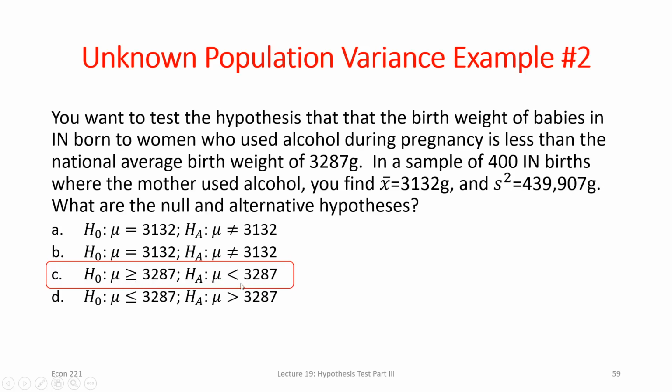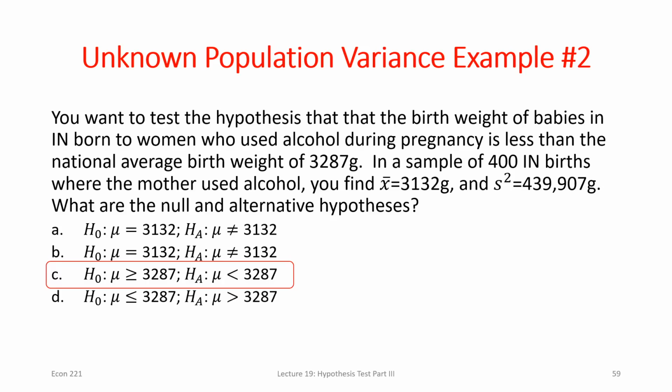So what type of tailed test do we have here? Well, we go to the alternative hypothesis and we see a less than sign. So it's a left-tailed test. One thing we should know about a left-tailed test automatically is that our critical values should be negative.